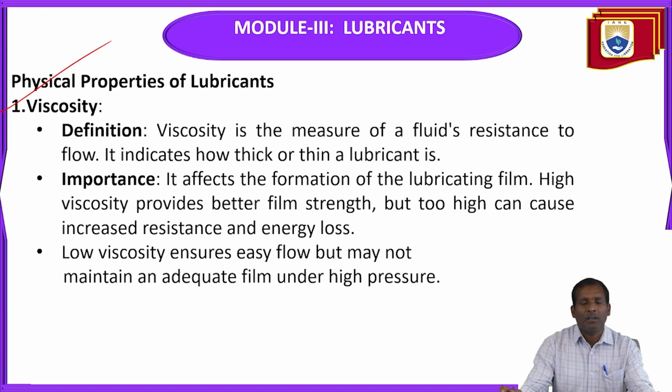These are the main properties you should remember while selecting a lubricant. One is viscosity. The definition: viscosity is the measure of a fluid's resistance to flow. It indicates how thick or thin a lubricant is.